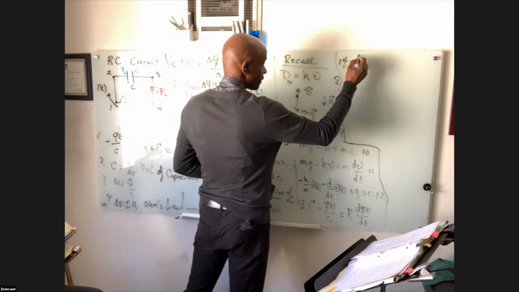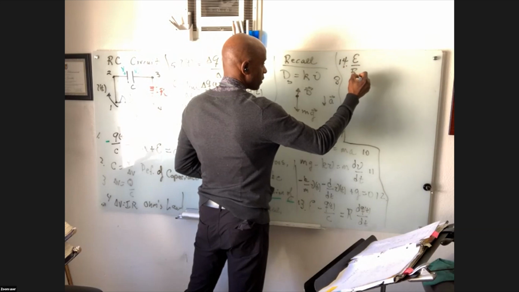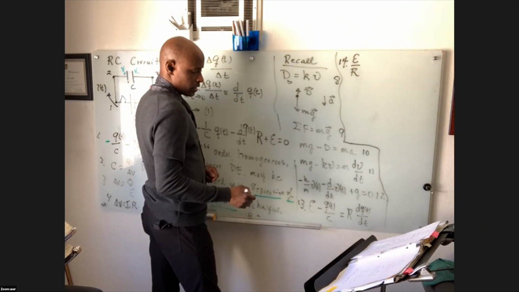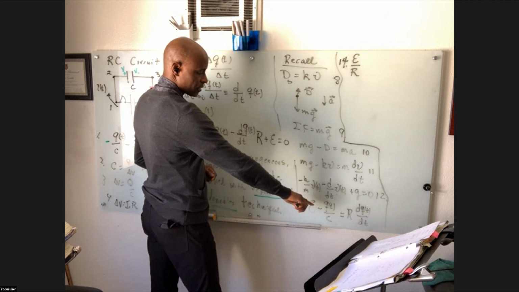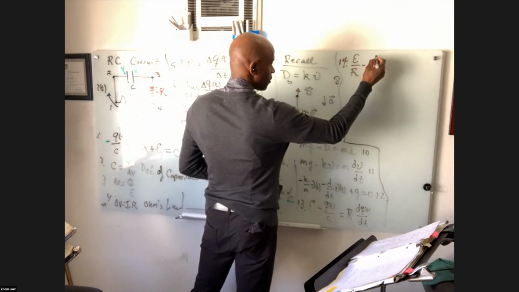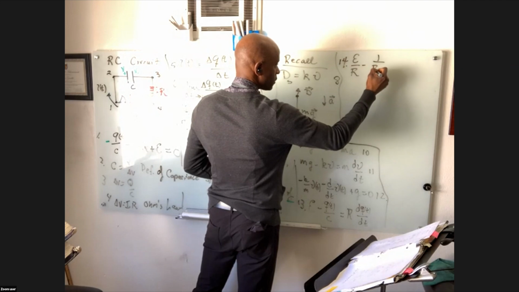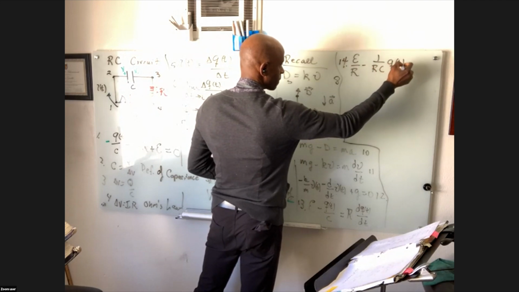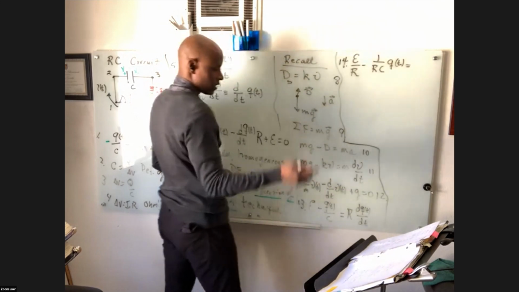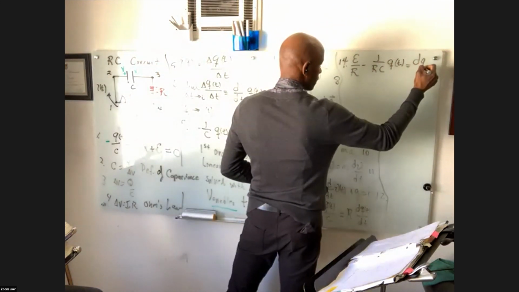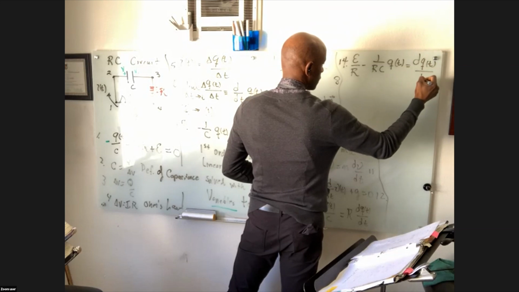So I'm going to have E over R, then minus 1 over RC times Q of t equals the derivative with respect to Q on the other side.